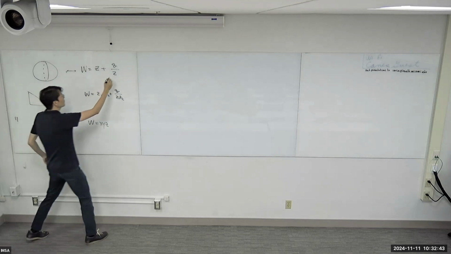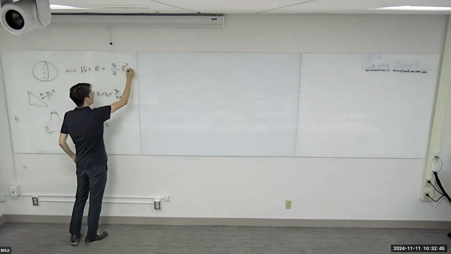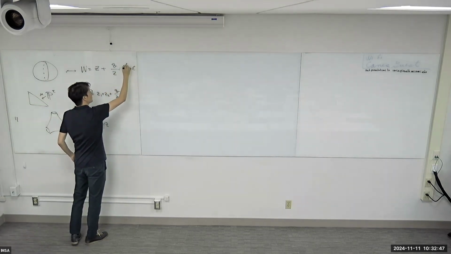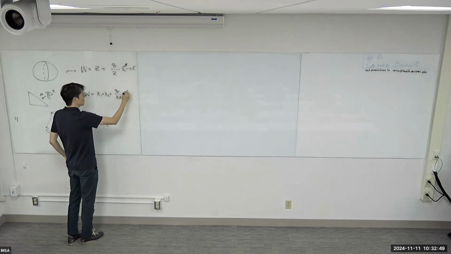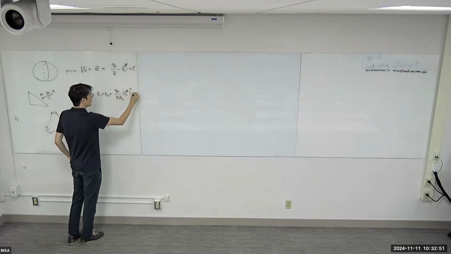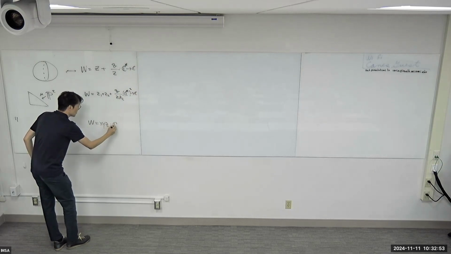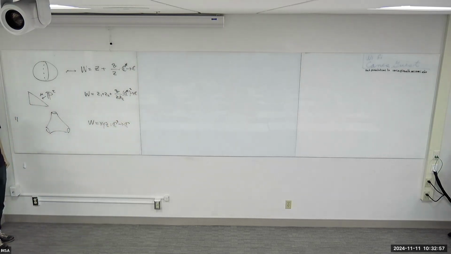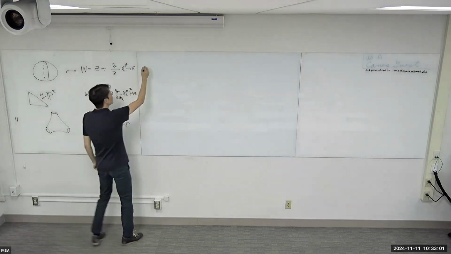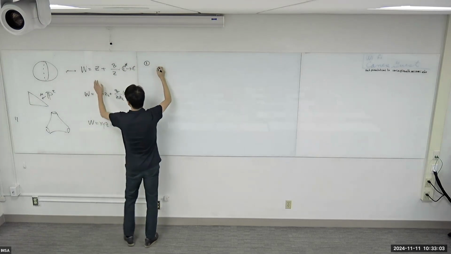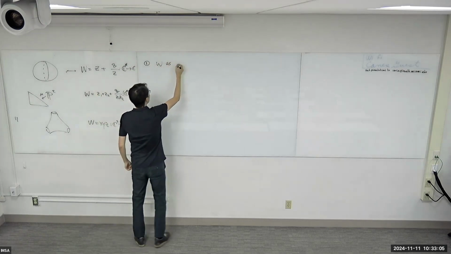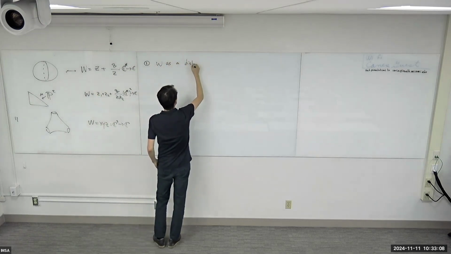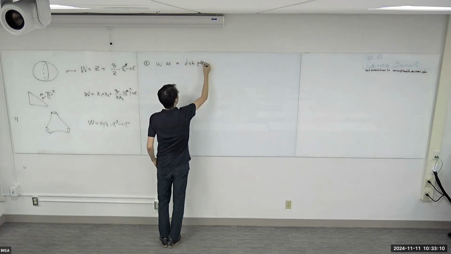So this W is regarded as a Laurent polynomial function from C star to C. This is C star squared to C, and this would be from C3 to C. Right? So our first topic is this W as a disk potential function.